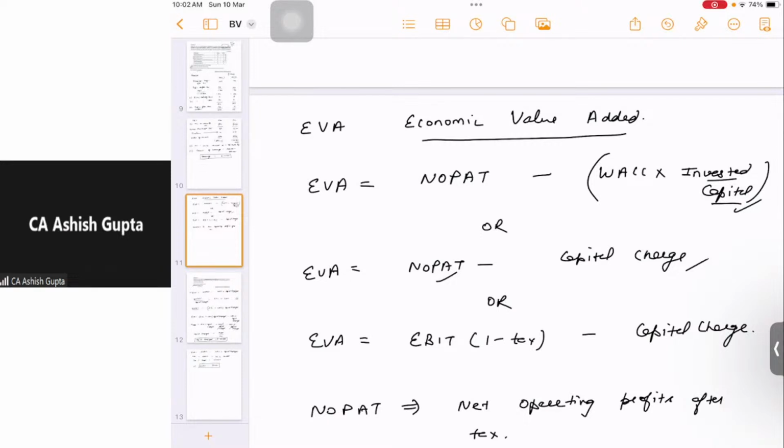Another thing: the second last time, when I was just logging out, one student sent a query. I don't remember his name. He was saying, sir, are the assignment questions sufficient for the examination? My request to you, student, again and again: these questions have been compiled from various ICAI publications, but please don't ignore the study material at all.